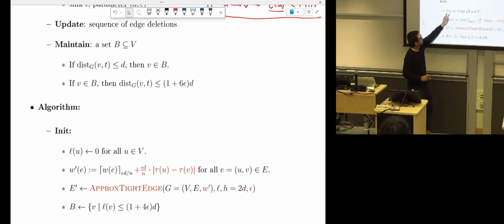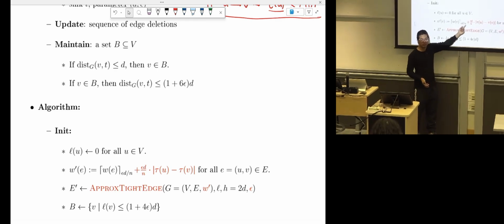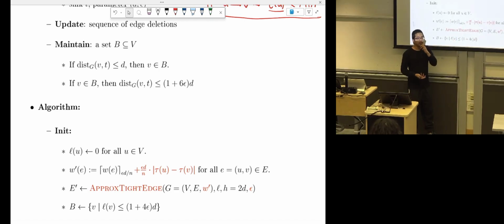We initialize every label to be 0 first, and now here's the important part. We used to just set the weight of every edge to be the weight rounded up to a multiple of epsilon d over n. Now I'm gonna increase it a bit further.